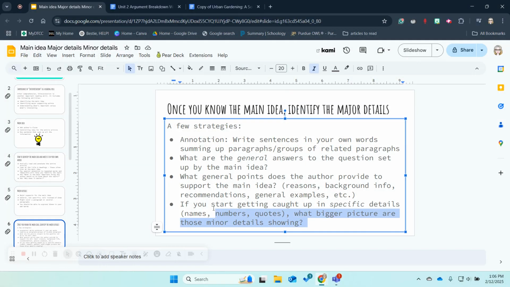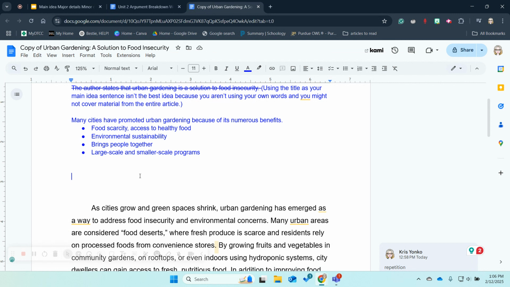Now, when I say if you start getting caught up in specific details, names, numbers, quotes, for example, if we looked at this main idea sentence, many cities have promoted urban gardening because of its numerous benefits, some people might ask, what cities? If we answer that question and come up with Portland and Chicago, those seem too specific. Those are minor details, specific examples that are probably not going to go in our list of major details.